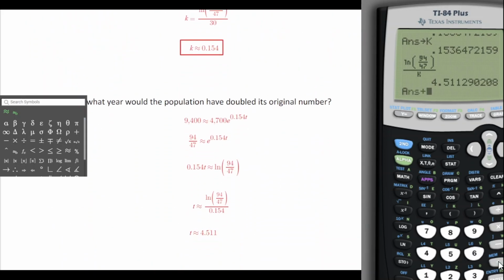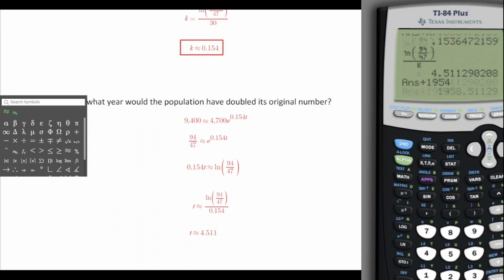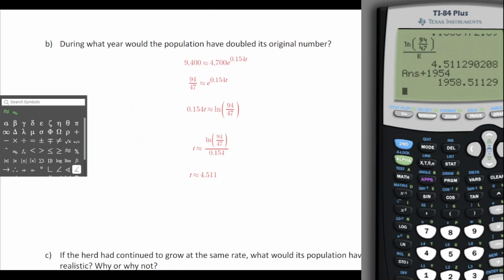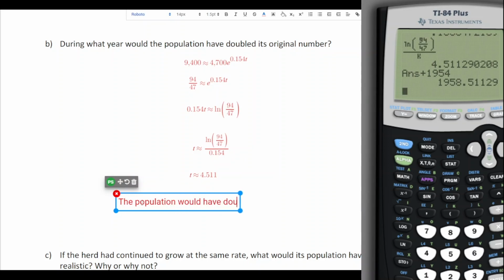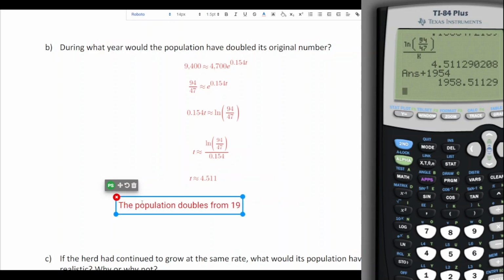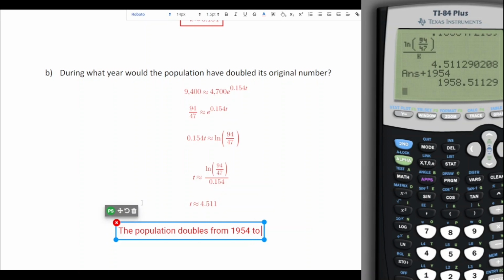If I add that to 1954, I get the year 1958. Okay, so the population would have doubled, or here's a better way to say it: the population doubles from 1954, the initial year, to 1958.